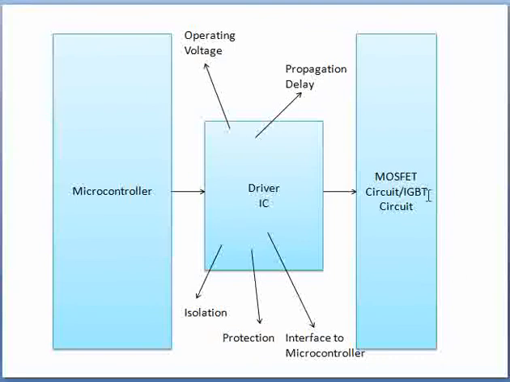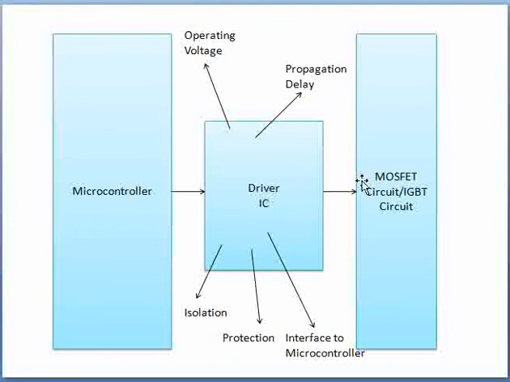If these MOSFETs have to switch quickly, the microcontroller has to provide the signals at that rate, and this driver IC should not add an additional delay such that you may not be able to achieve that frequency. So in those cases, you should have a driver IC which has the propagation delay as low as possible, in terms of nanoseconds or something. So that is another important parameter when you select a driver IC.